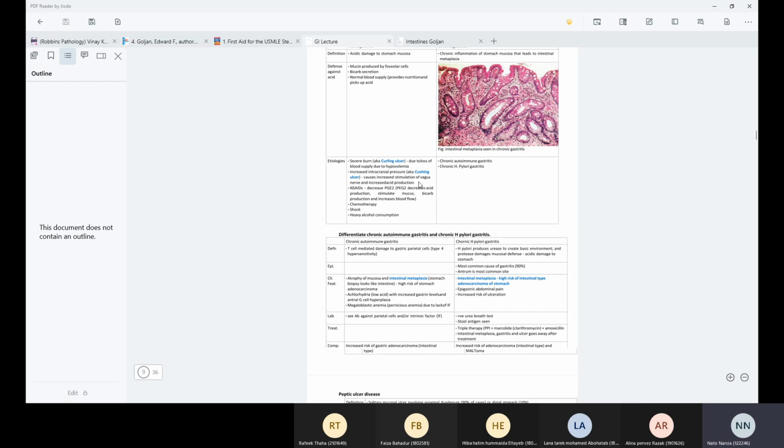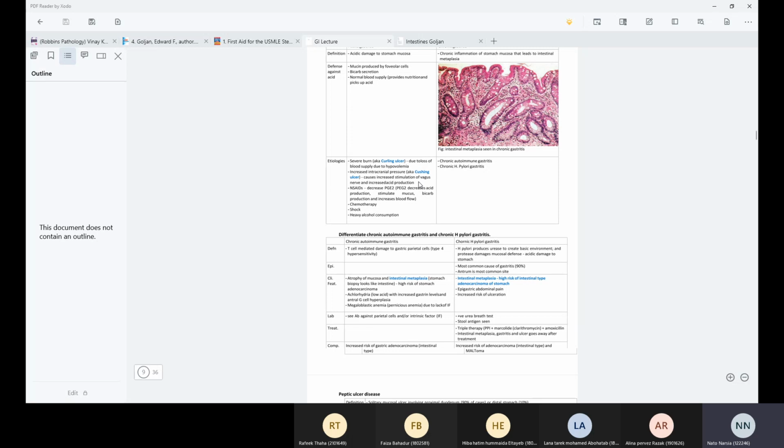Increased intracranial pressure. How is increased intracranial pressure related to stomach inflammation or ulcer formation? In this case you will find, guys, a car accident or trauma, a head injury, and because of head injury you might have increased intracranial pressure, which increases vagus stimulation, and for that reason increased production of gastric acid.